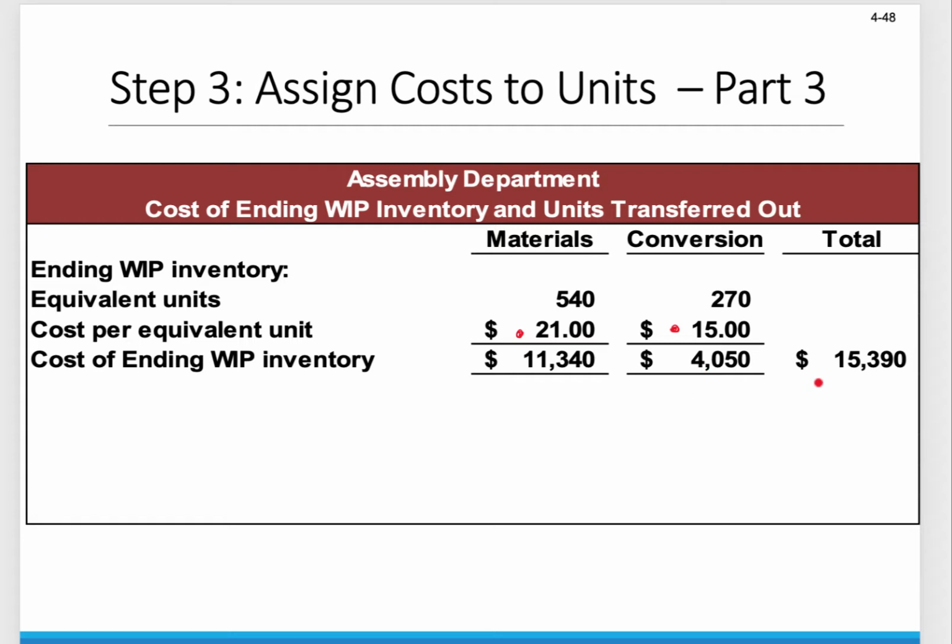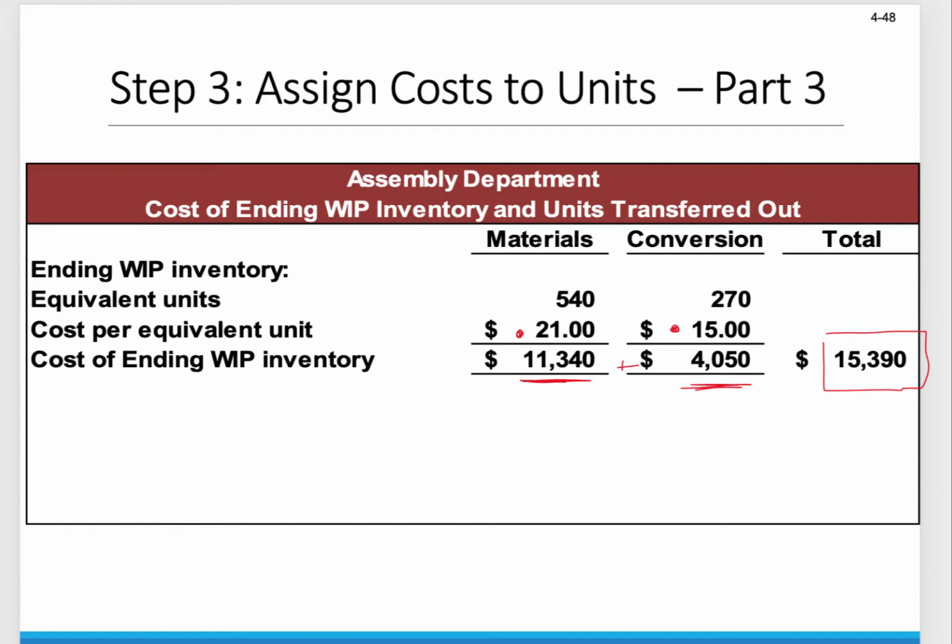So the total value of our ending WIP is $15,390. We got that by adding the cost of ending WIP with respect to materials plus the cost of ending WIP with respect to conversion costs. Okay?